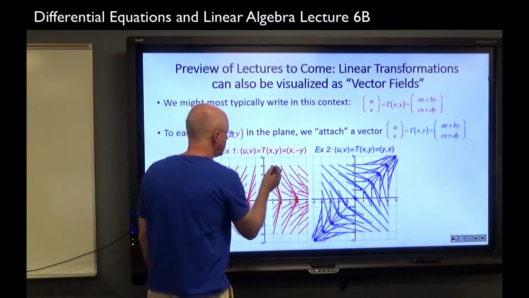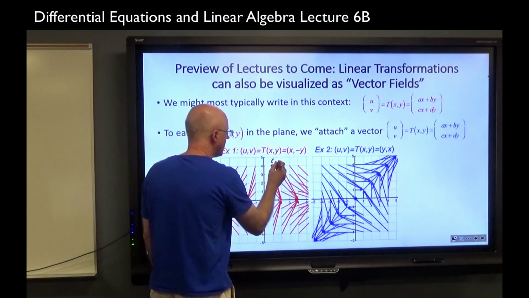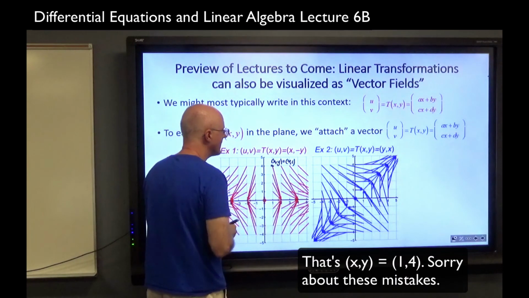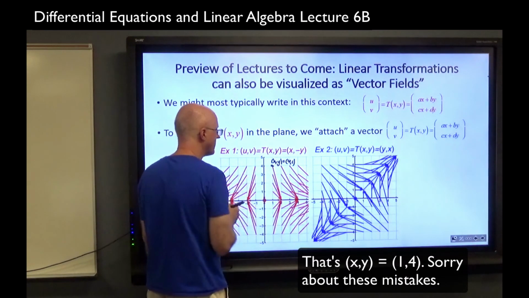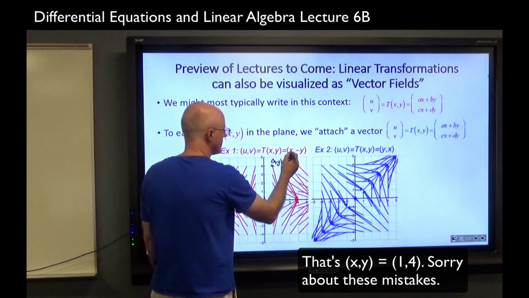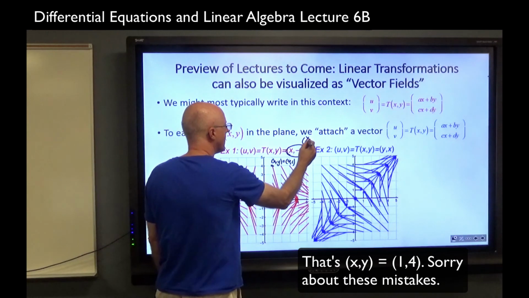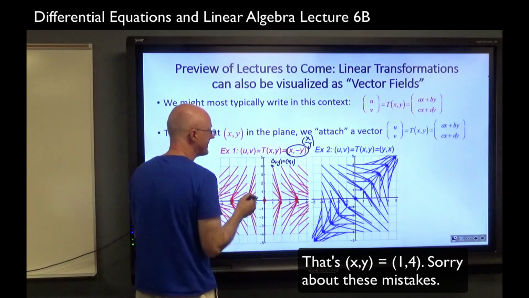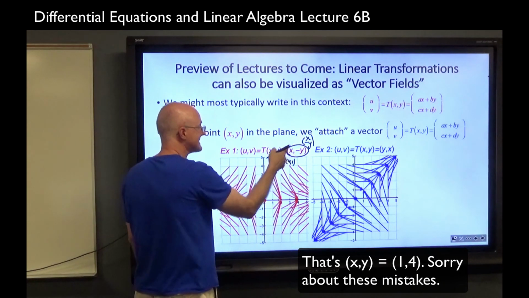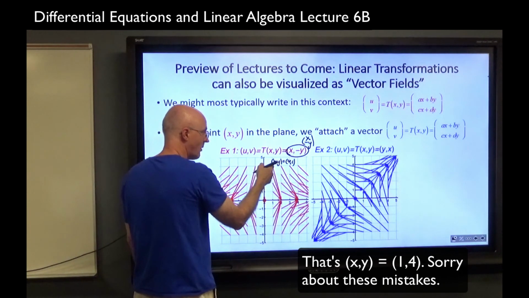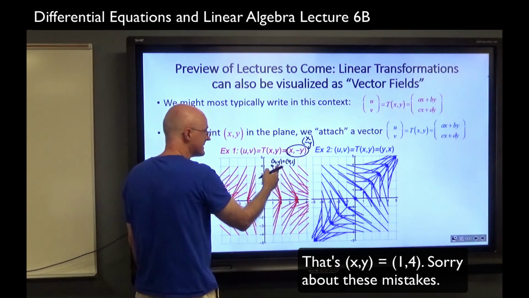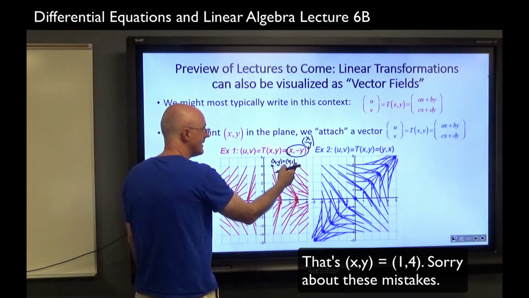It means that, for example, at this point right here, x, y equals 4, 1. The output, according to this formula, you want to think of as a vector. I couldn't draw it as a vector here, but I could draw it like that. You want to think of it as a vector whose first component, x, is the same as the first coordinate of this point, and whose second component, negative y, is the opposite of the second coordinate of this point.